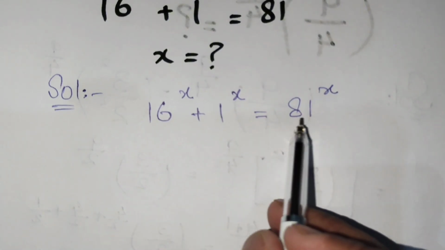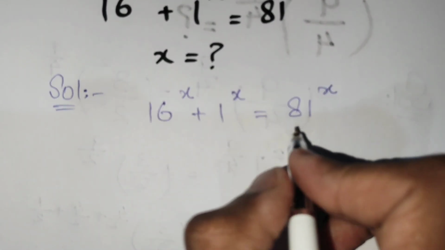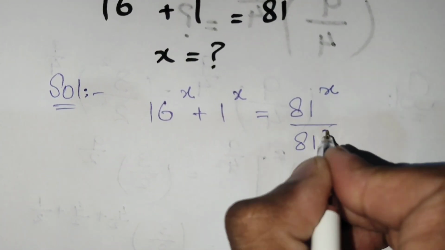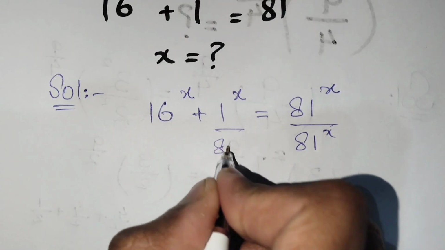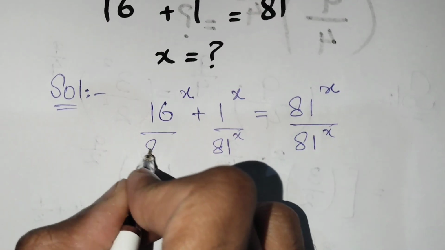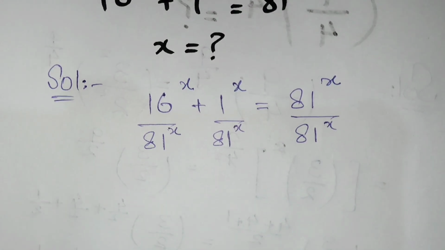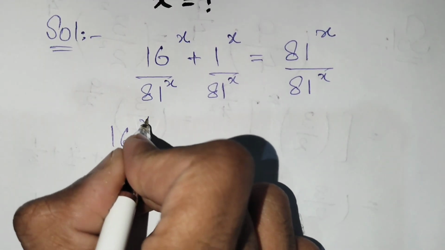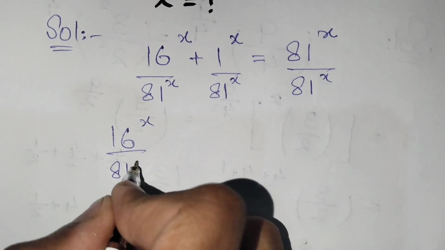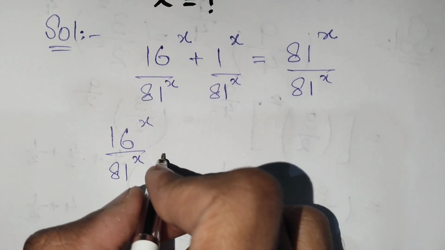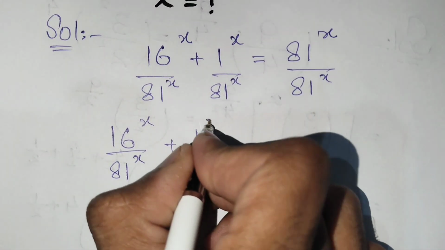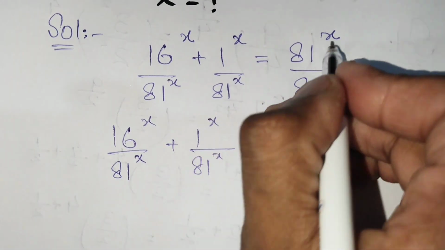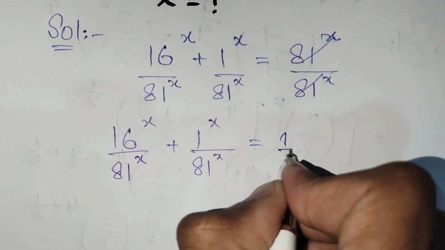Now to make 1 on the right hand side, we divide both sides of the equation by 81 power x. So it will be 16 power x over 81 power x plus 1 power x over 81 power x is equal to 1.